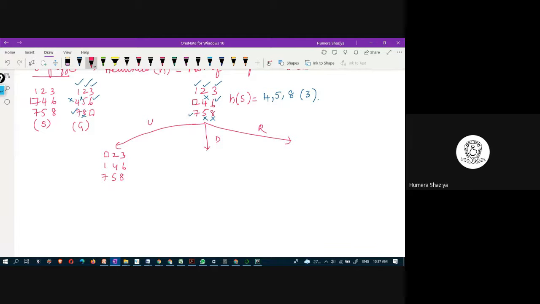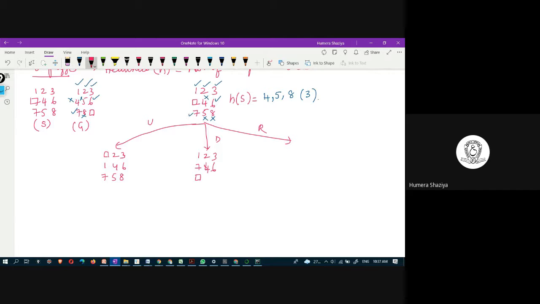Down is 1 2 3, 7 4 6, empty 5 8. Simultaneously you also do it, students. It's taking a lot of time for me to do all this, so instead of just listening, do it in your notes.